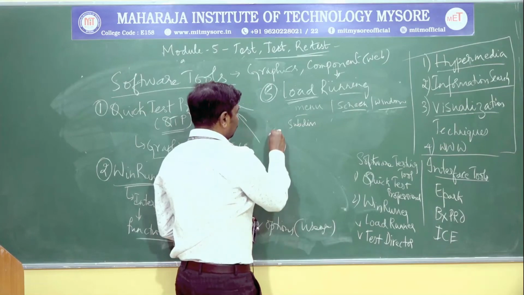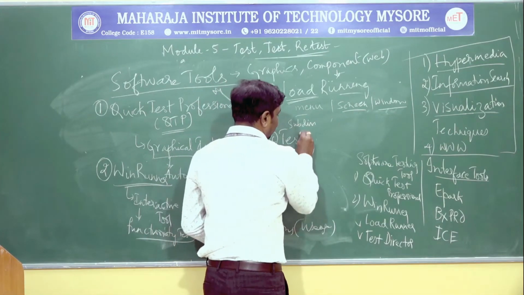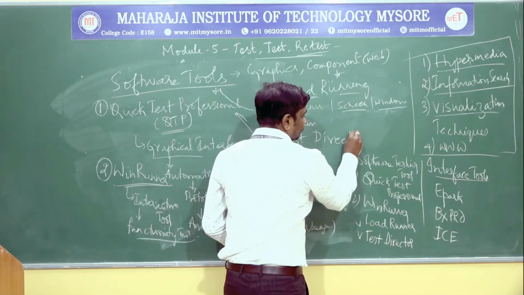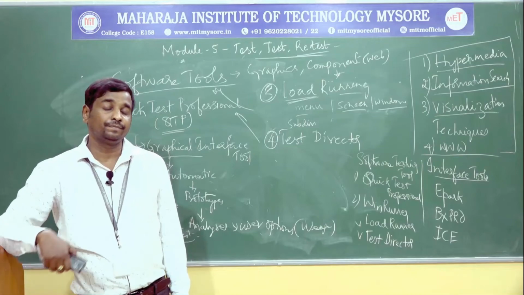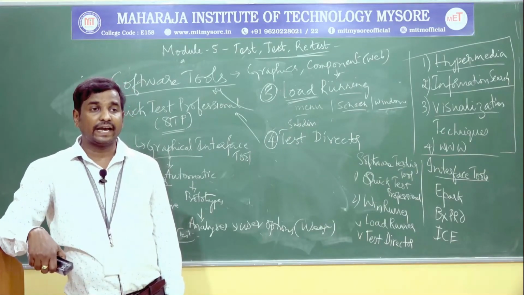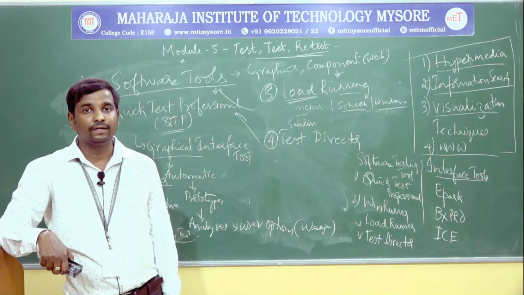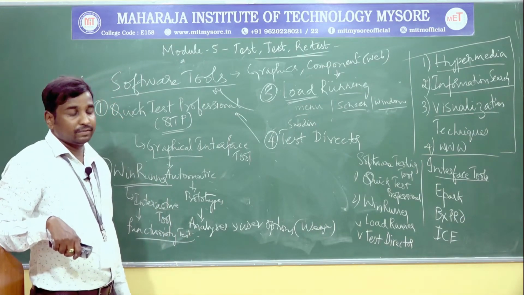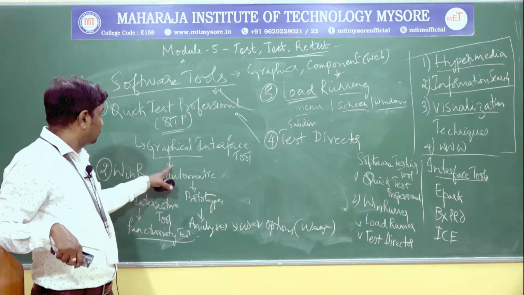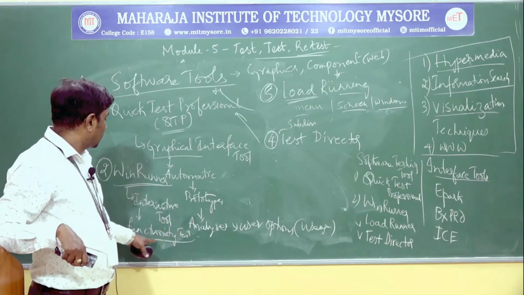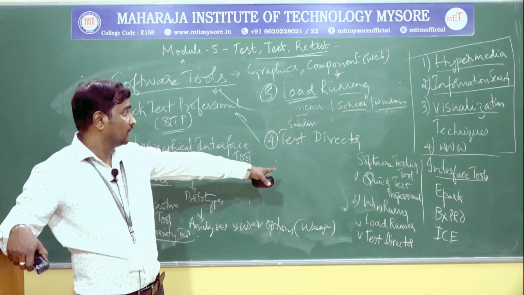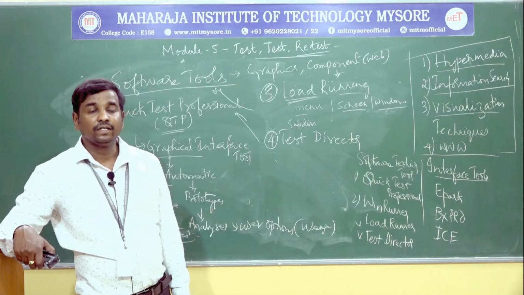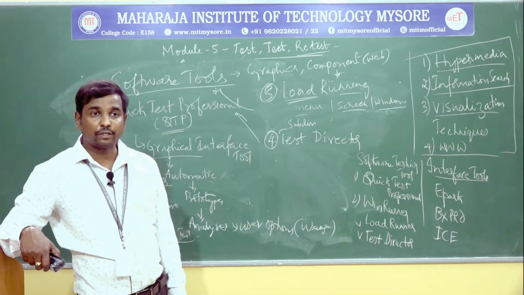The last software is TestDirector. This is an inbuilt tool which can integrate all types of testing materials, starting from test bed tools and automation, and functionality tests, as well as individual tests. So TestDirector is a management tool which supports all types of operations.